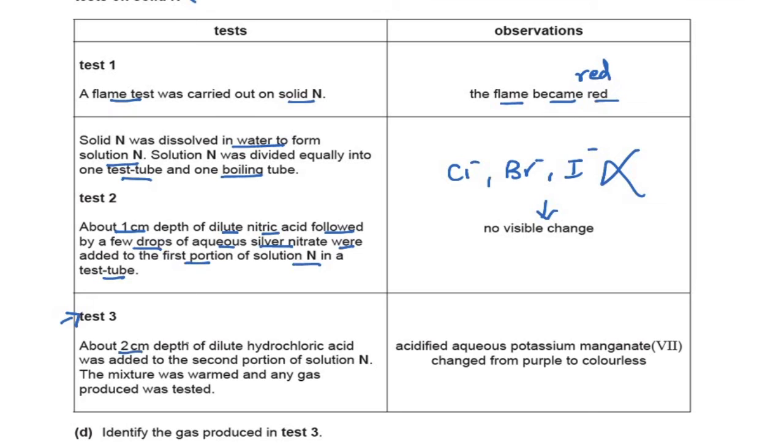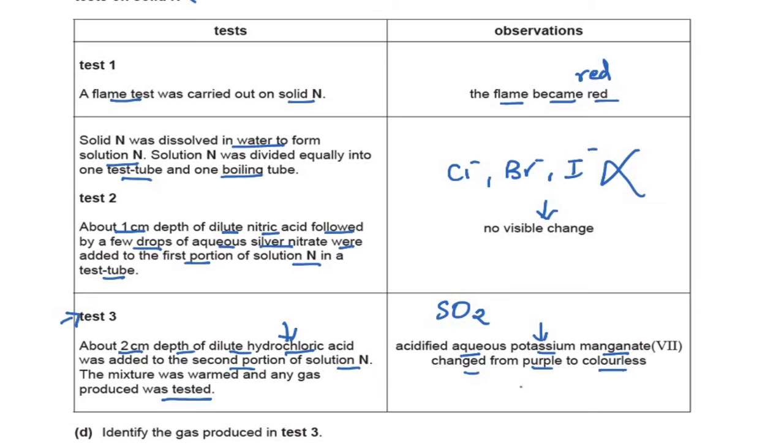Test 3 says that about 2 centimeter depth of dilute hydrochloric acid was added to the second portion of solution N and the mixture was warmed and any gas produced was tested. Here it says that acidified potassium manganate changed from purple to colorless. Now we need to understand that when hydrochloric acid is added and a gas is produced that turns potassium manganate colorless, it should be SO2, sulfur dioxide gas, and sulfur dioxide gas is produced when there is a sulfite present.